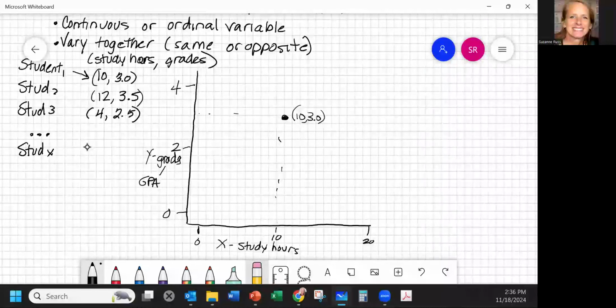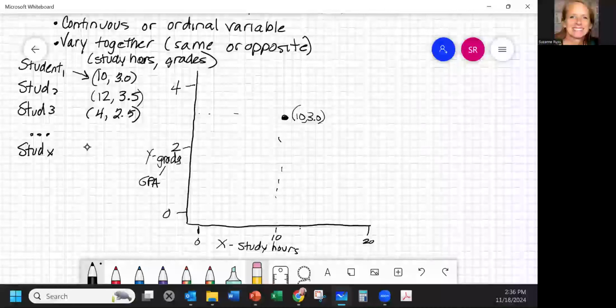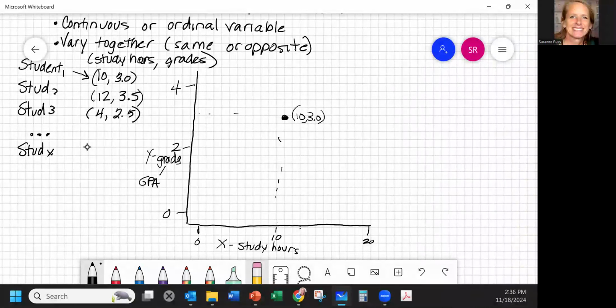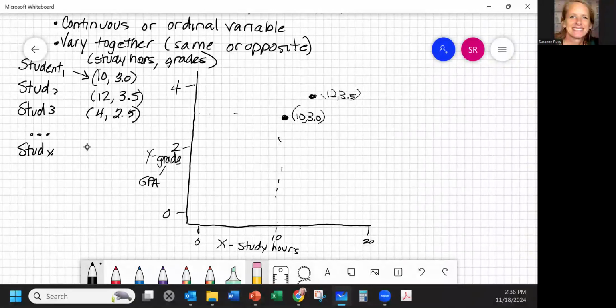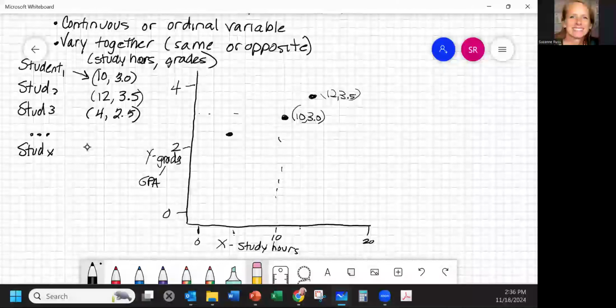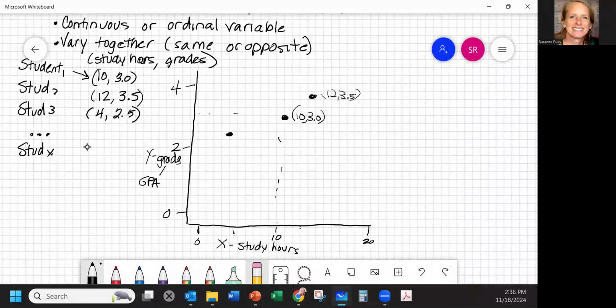The second person is 12, which is going to be right around here, and a 3.5, which will be a little bit higher. There we go. And the third person listed so far has 4 study hours a week. That's right about here, and a GPA of 2.5. And I won't write those in this case.